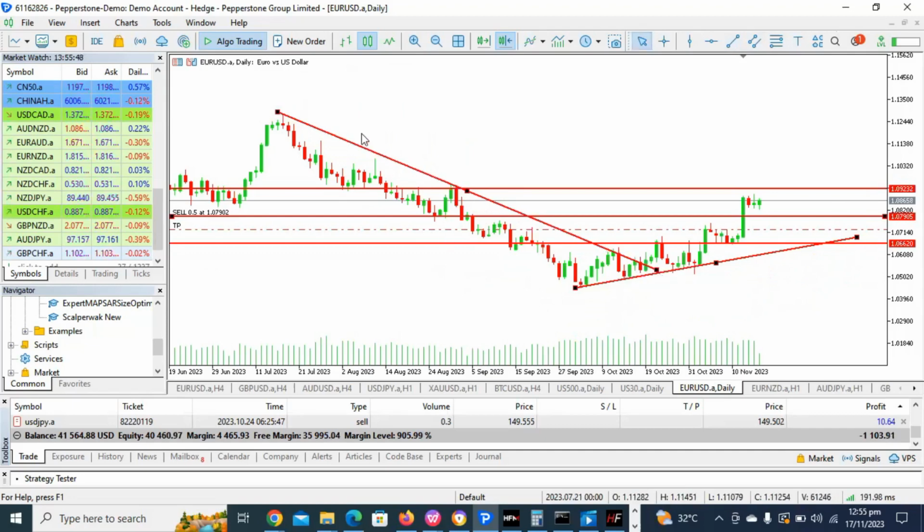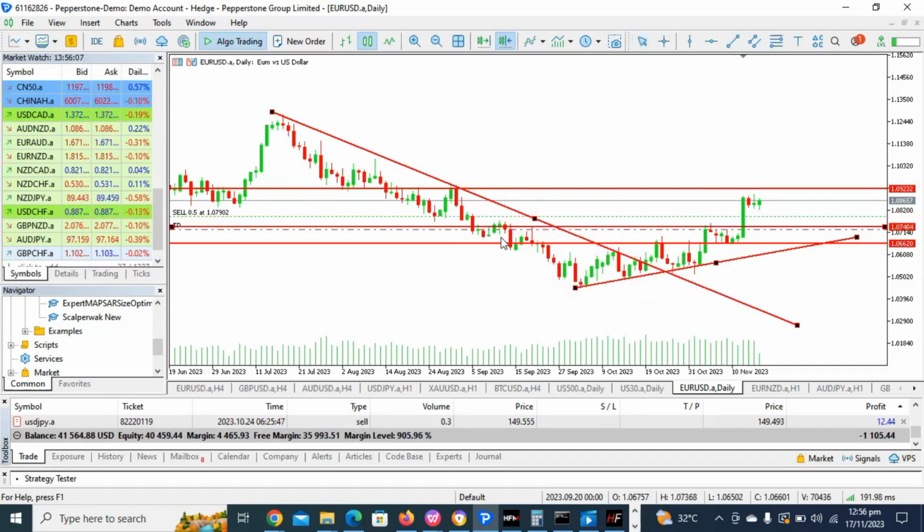Price was gently coming down here. Pull back, down, pull back, down, pull back, down, until here. When it got here, something changed.